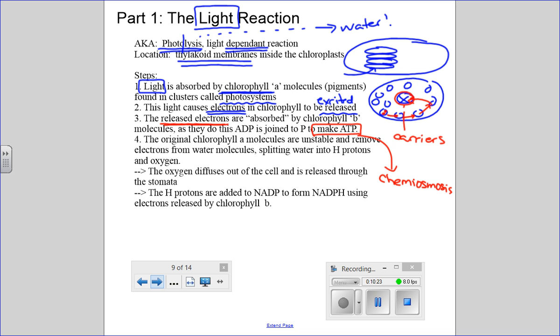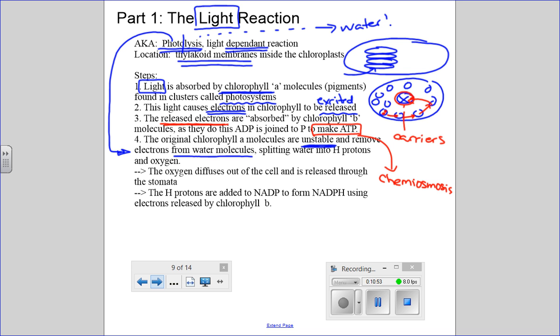Now, what happens to those original chlorophyll molecules, the ones that lost their electrons? Well, they're unstable. They just lost 2 electrons. They don't like it. So they remove electrons from water molecules. Up here, photolysis means water splits, or light breaks, and we're splitting apart a molecule of water.